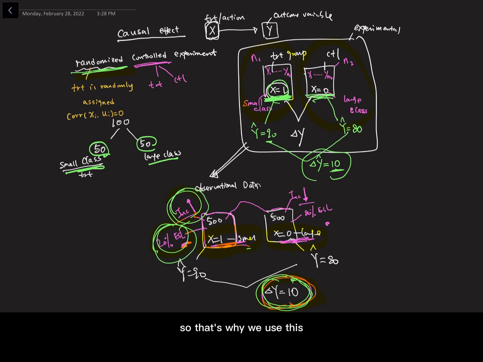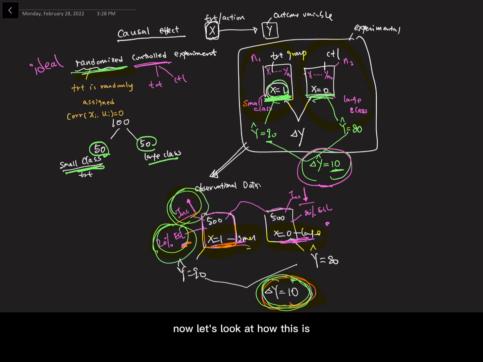That's why we use this randomized control experiment to define causal effect. Again, the causal effect is defined to be the effect on an outcome of a given action or treatment as measured in an ideal randomized control experiment. Because in such an experiment, the only reason for the difference in the outcome variable between the treatment and control group is the treatment itself.